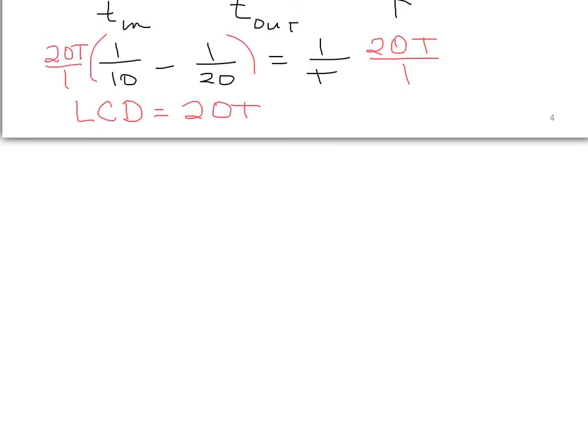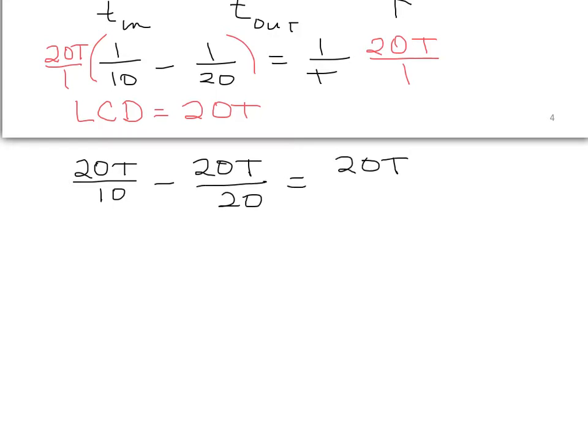And so what we get is 20t over 10 minus 20t over 20 equals 20t over t. So we can see that 10 goes into 20 two times, the 20s there cancel, and the t's over here cancel.